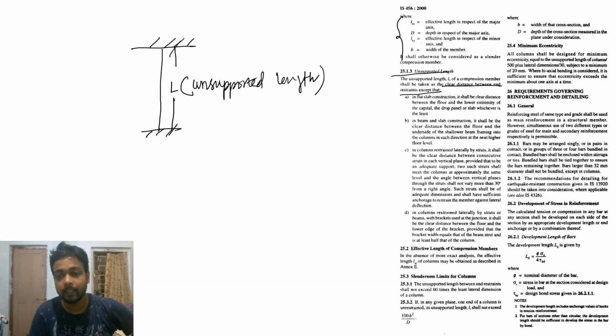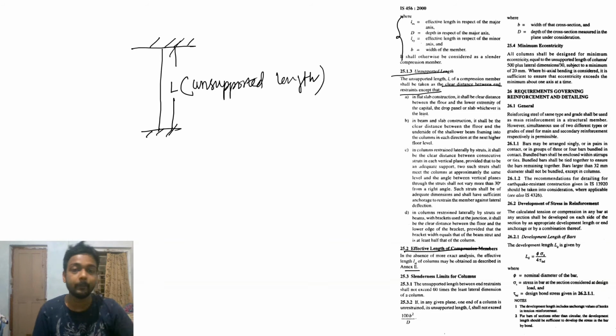This applies except in flat slab construction and beam and slab construction, with column restraint. Effective length of compression member: in the absence of more exact analysis, the effective length LE of a column may be obtained as described in Annex E.